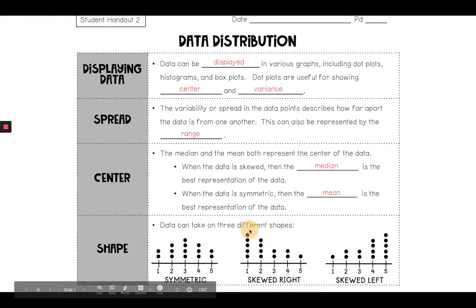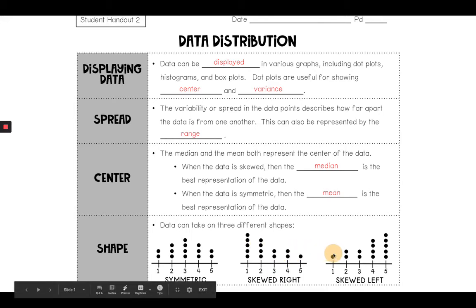But what that means is that from the center, right here around the center, it's moving off to the right. This tail is off on the right. So that means our data is skewed because it's not symmetrical. We don't have the same number or similar numbers on the left as we do on the right. Because this trails off to the right, we call that skewed right.